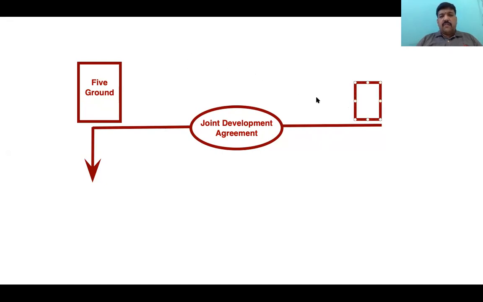Landowner of the 5 ground gives 2.5 ground to the builder.